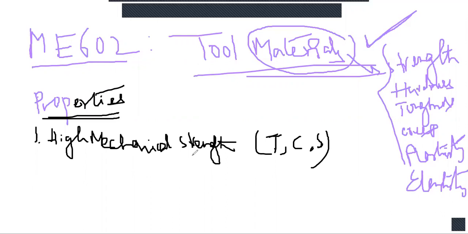there is a property which acts to resist the breakage of the tool or tool tip, because the tool tip or the cutting tool edges are very sharp. If the strength is not very high, then at the very first time when chip, tool and job are in contact, there is a chance of mechanical breakage.